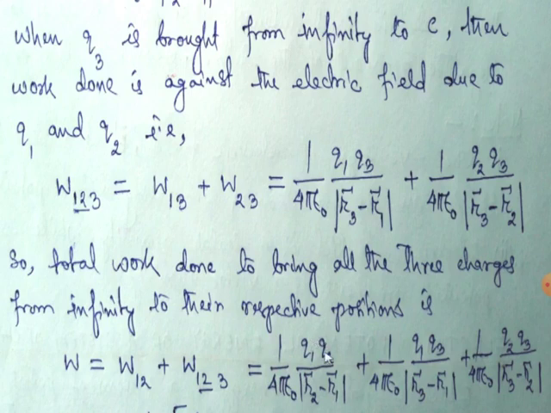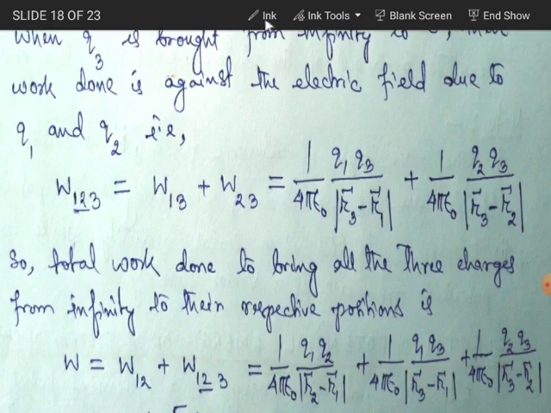And this is, due to Q1 Q3, the work done in bringing Q3 against the electric field of Q1, and this is the work done in bringing Q3 against the electric field of Q2. When you look very closely, what happened?